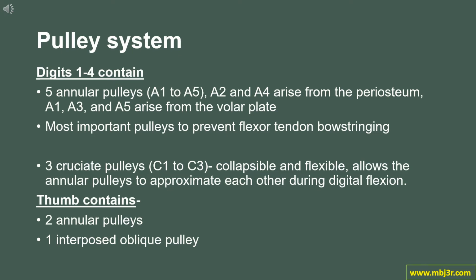The most important pulleys to prevent flexor tendon bowstringing are A2 and A4. 3 cruciate pulleys, C1 to C3, are collapsible and flexible, allowing the annular pulleys to approximate each other during digital flexion. The thumb contains 3 pulleys: 2 annular pulleys and 1 interposed oblique pulley.